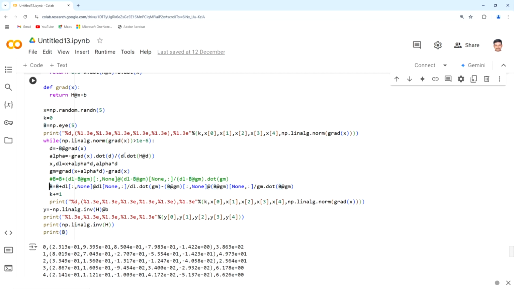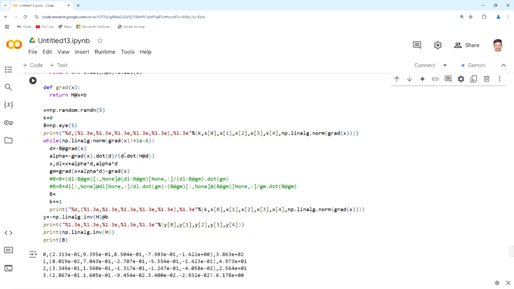Now I will write that for the BFGS method: B plus gamma into B gamma by del dot gamma, into a matrix, so I have to use this outer product, delta outer delta.